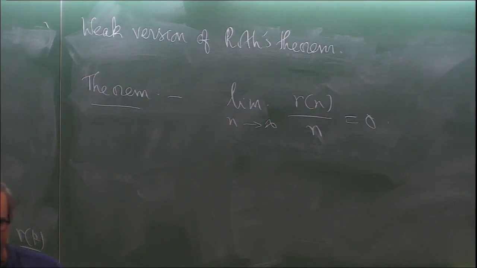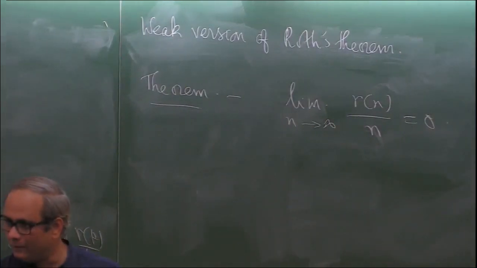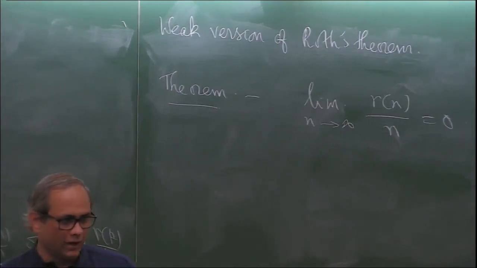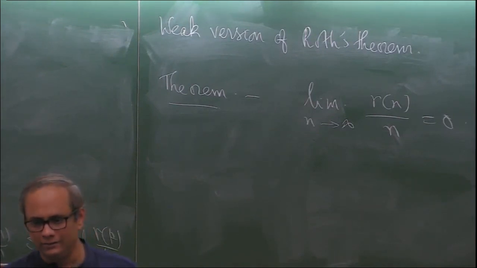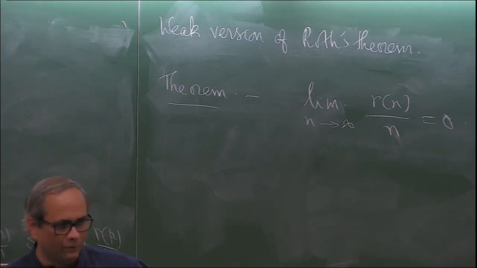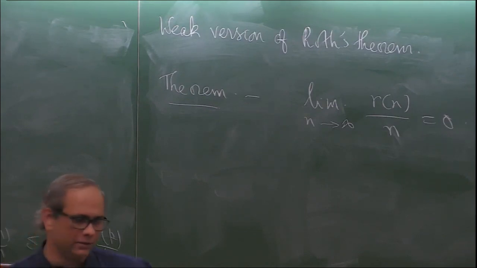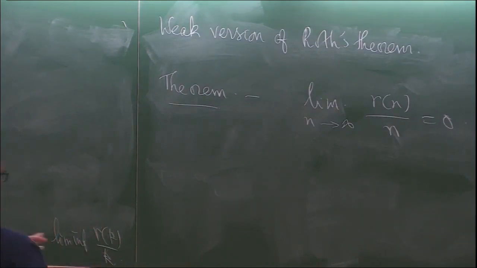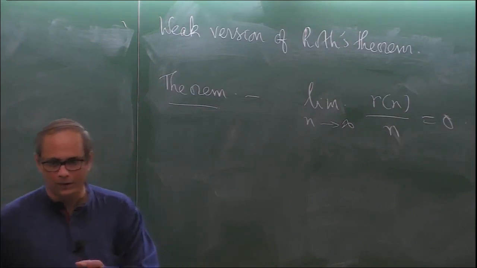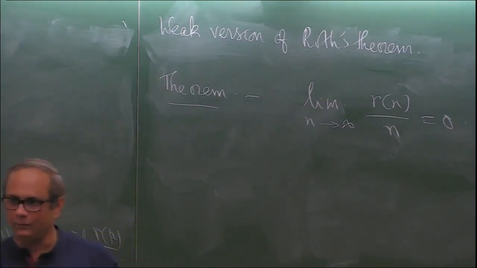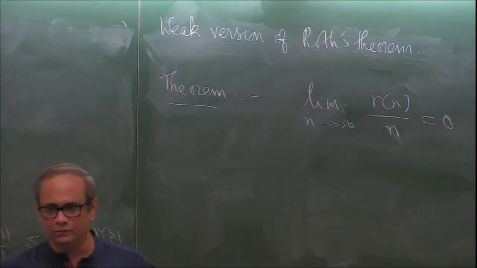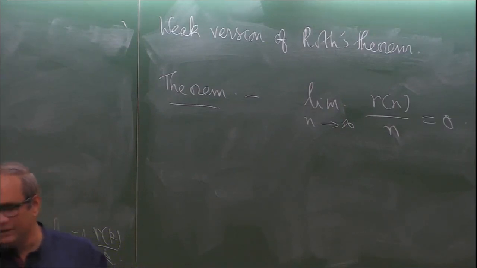But one would like a statement which says that the number of such APs is in fact large. If A is a subset of 1 to n and has more than, say, a positive proportion, delta n elements, you would expect the number of arithmetic progressions to be of the order n square. Because an arithmetic progression is one condition, x plus z equal to y; you fix x and z, then y is fixed. So x and z you can choose in n ways, so roughly you would expect n square to be the number.